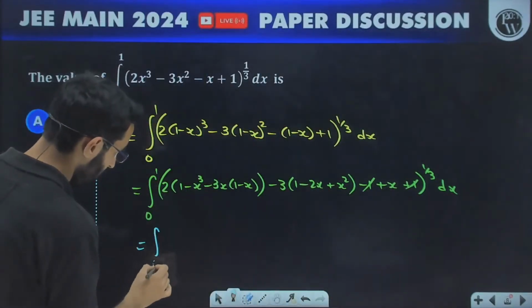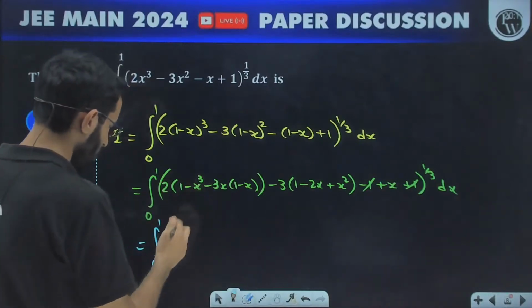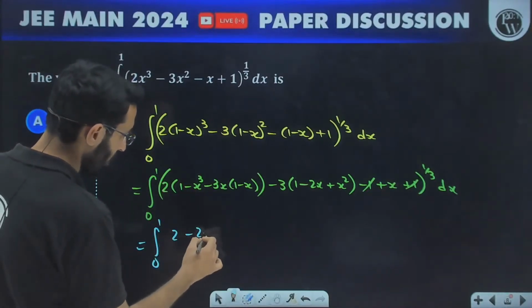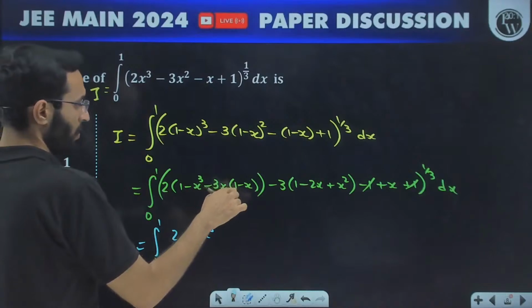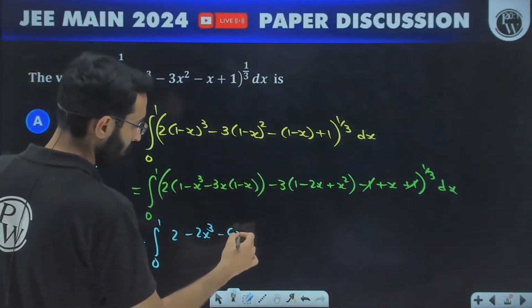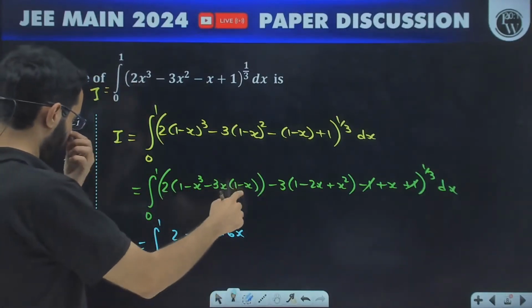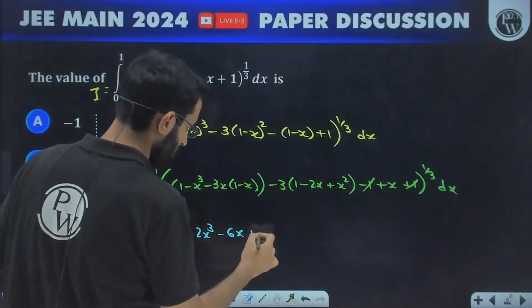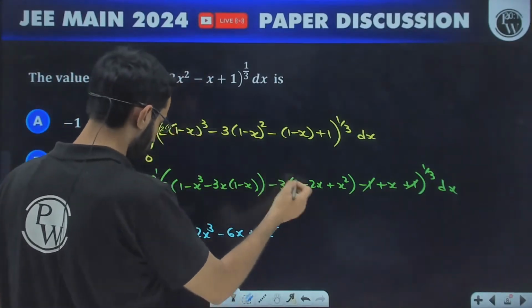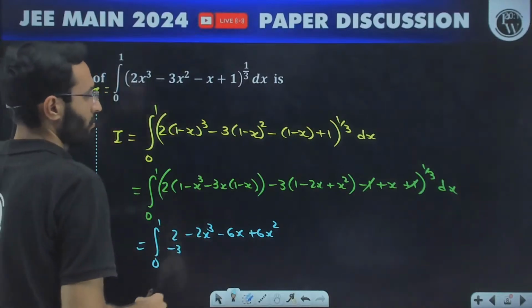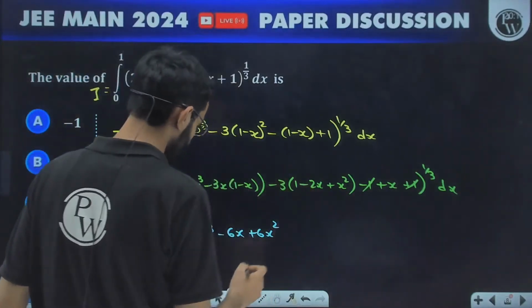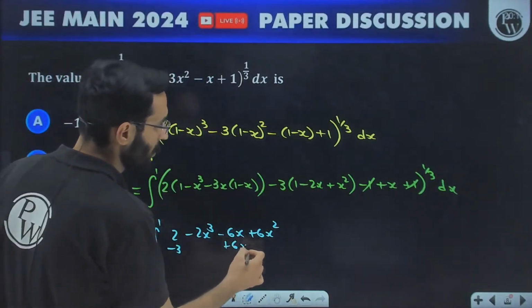If I simplify further, this will be integration 0 to 1 of 2 ones are 2 minus 2x cube. Now see this. This will become minus 3x after multiplication with 2 minus 6 plus 3x square. This will become plus 6. Now I'm writing all similar terms together, like terms together. Minus minus plus 6x plus 6.